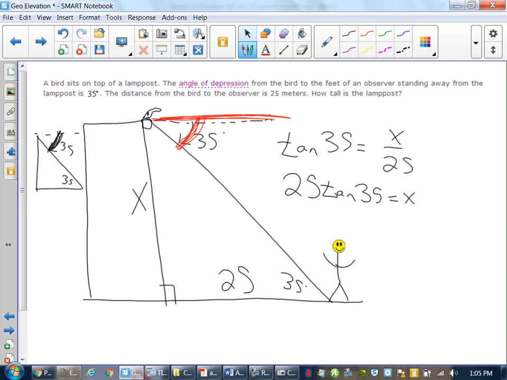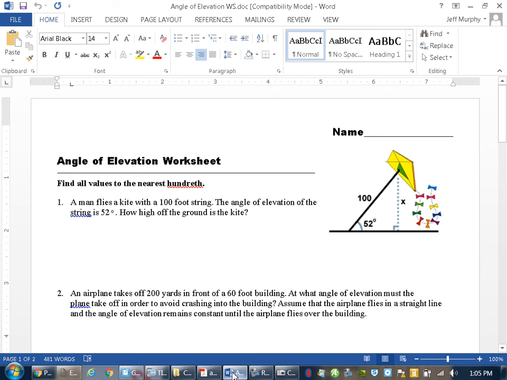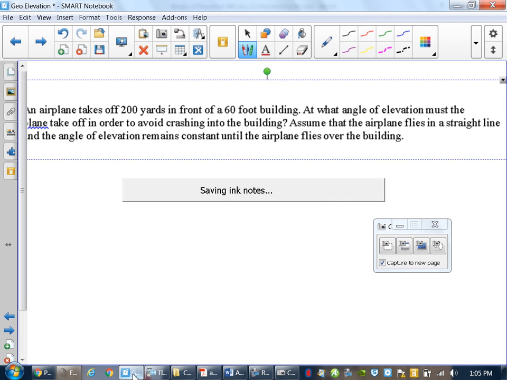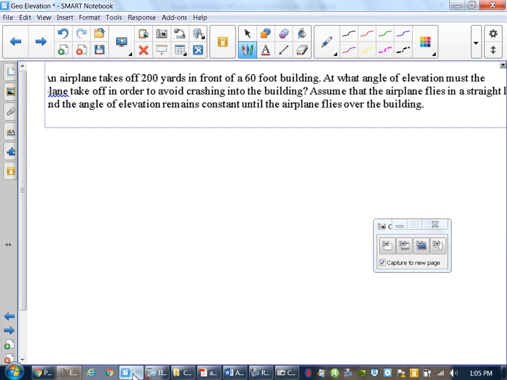So let's take a look at number 2. An airplane takes off 200 yards from a 60-foot building.